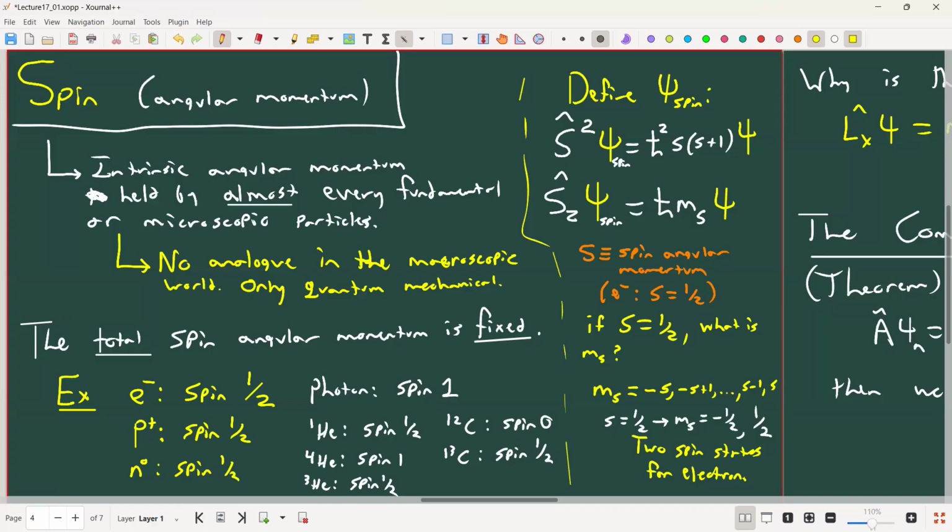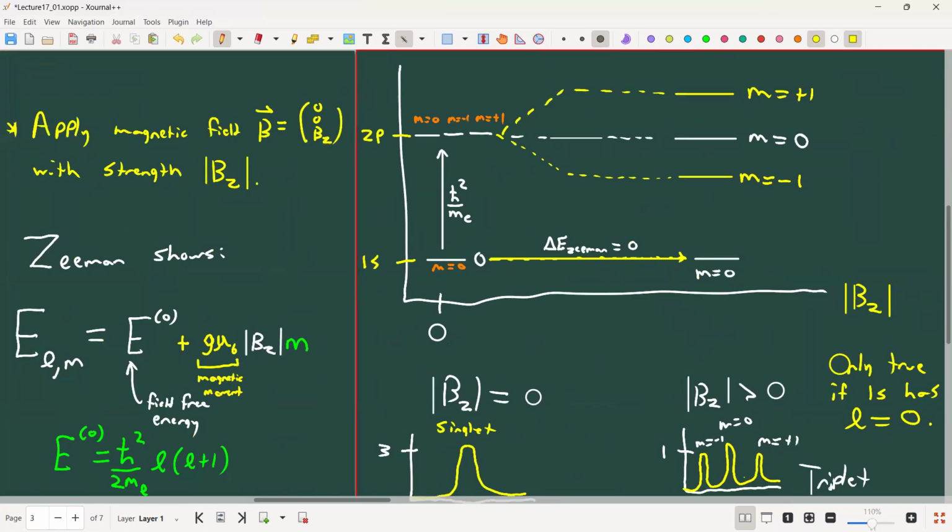So let's go back to the Zeeman experiment and think what happens when we apply a magnetic field to that system. There are 2 spin states and only 2 spin states, 1/2 and minus 1/2. The energy is going to get modified by the value of that m, plus or minus. And so you're going to get one state that goes down in energy and one state that goes up in energy. You have an up deflecting and a down deflecting electron.